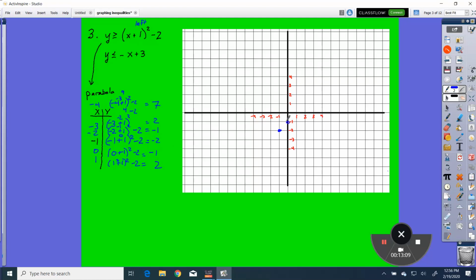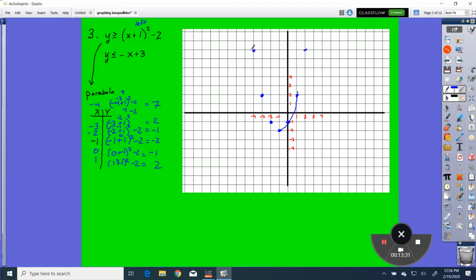Okay, so when I have -1, it's 1. -2 is 1. There's -1. At -3, it's up to 2. At 1, it's also up to 2. This is going to be a solid line because it's right there solid. 1, 2, 3, 4, 5.